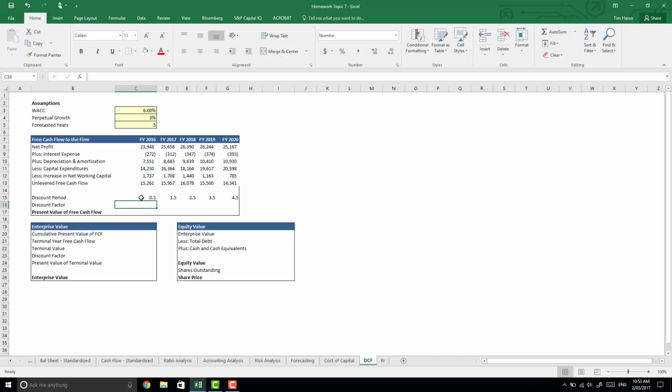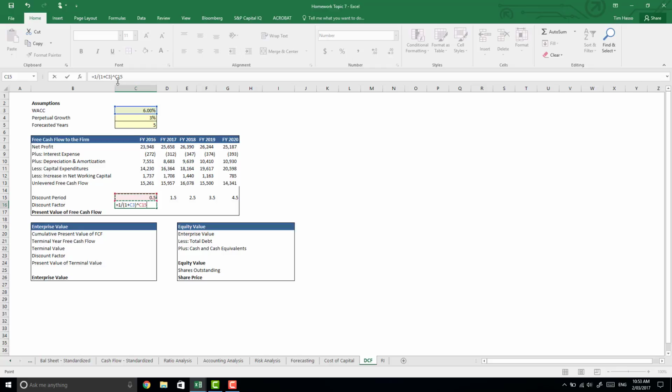The discount factor, on the other hand, is effectively the multiplier that will apply to the unlevered free cash flows to get them back to the present value. So to calculate the discount factor, you take 1, divide it by 1 plus the WACC, close the bracket, and raise it to the power of the discount period. In this case, it's 0.5.